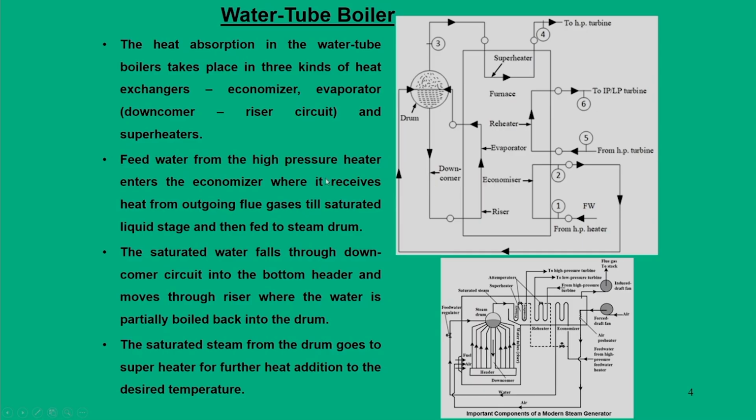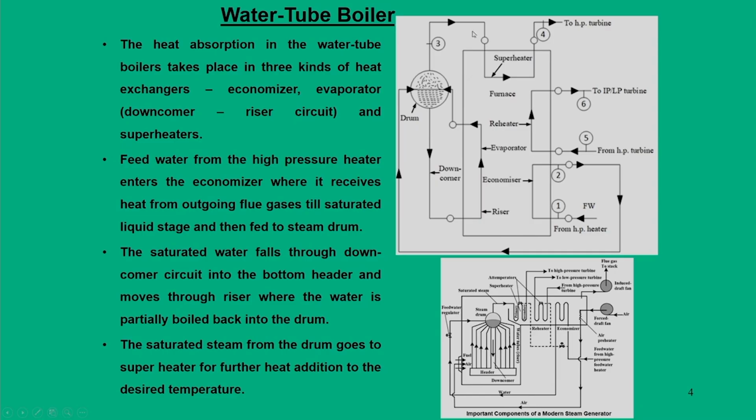Essentially, the feed water from the high pressure heater enters the economizer, where it receives heat from the outgoing flue gases up to the saturated liquid stage, then is fed to the drum. The saturated liquid falls through the downcomer circuit into the bottom of the header and moves through the riser circuit, where the water is partially boiled and returns to the drum, and saturated steam goes out of the steam drum.